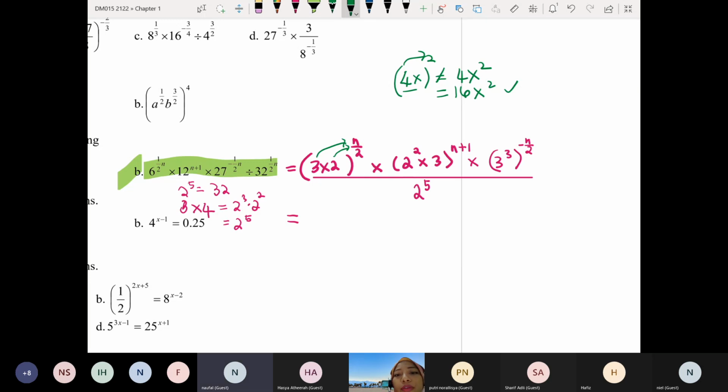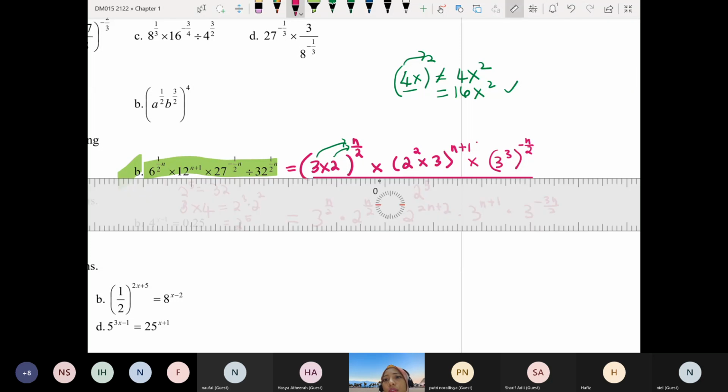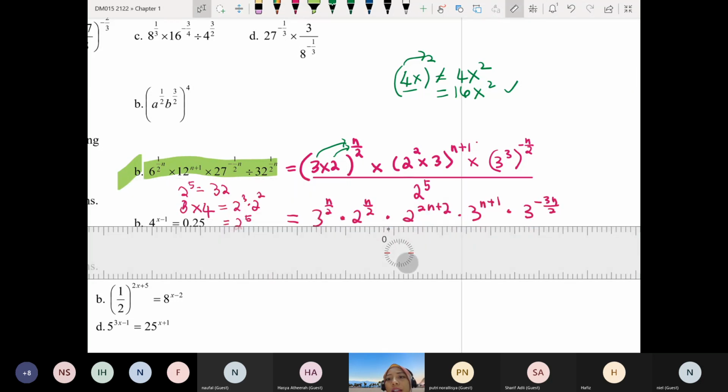So that's why what you have to do is 3n over 2, 3n over 2 times. Okay, kalau tadi I buat darab, sekarang I nak tukar jadi titik pun tak ada masalah. Dia adalah benda yang sama. 2n over 2 times n plus 1 and then times with 3 negative 3n over 2. Okay, over with 2 to the power of 5.